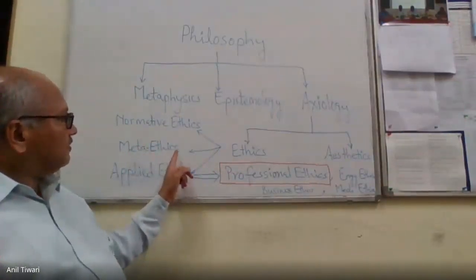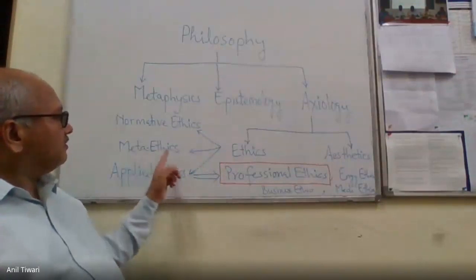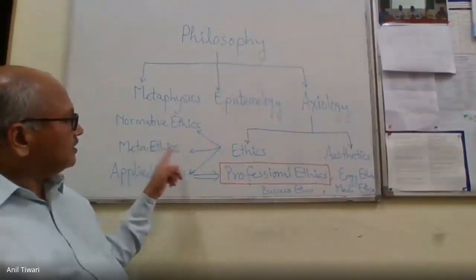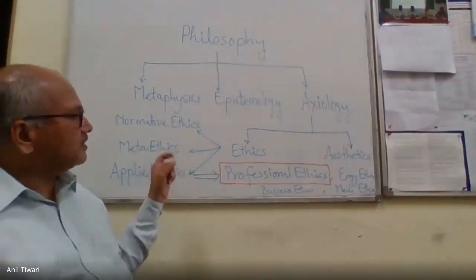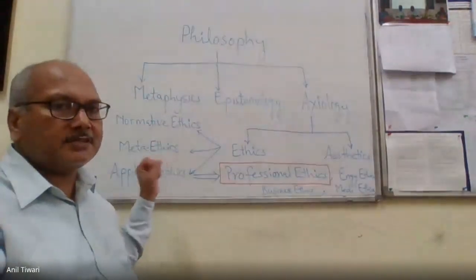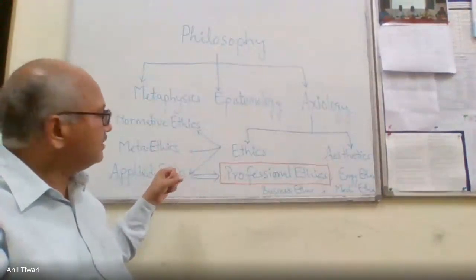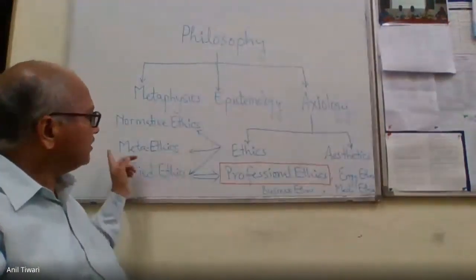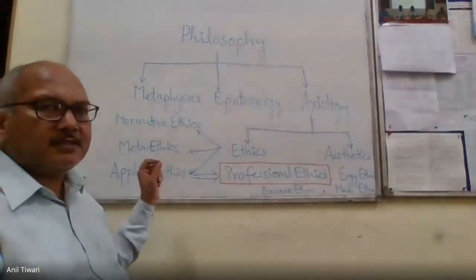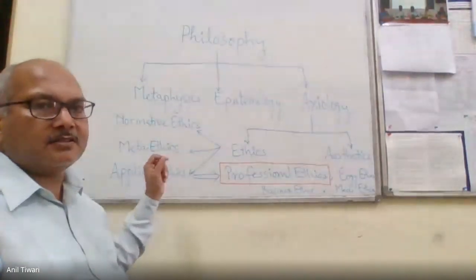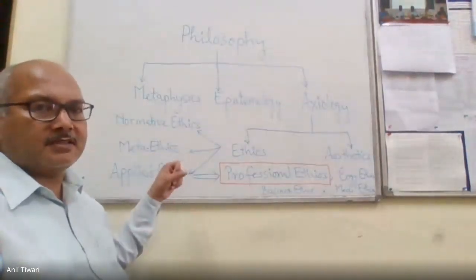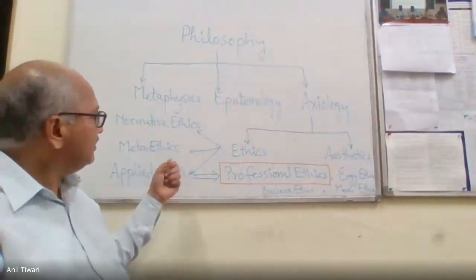The second branch of ethics is called metaethics, and it is basically the study of norms and principles as they are utilized in our judgments. In metaethics, we study the character and the meaning of moral judgments and our moral decisions.